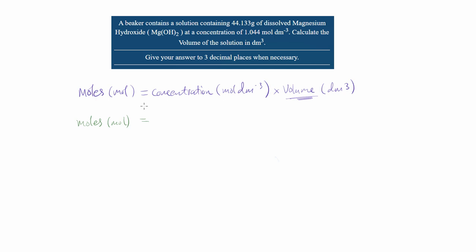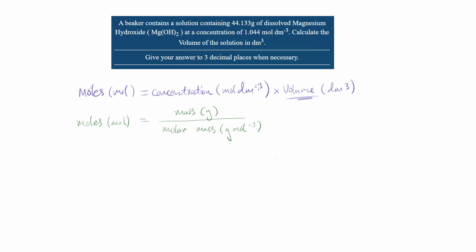Or moles equals the mass divided by the molar mass. So in this case, moles would be equal to the mass in grams divided by the molar mass, which would be in grams per mole.